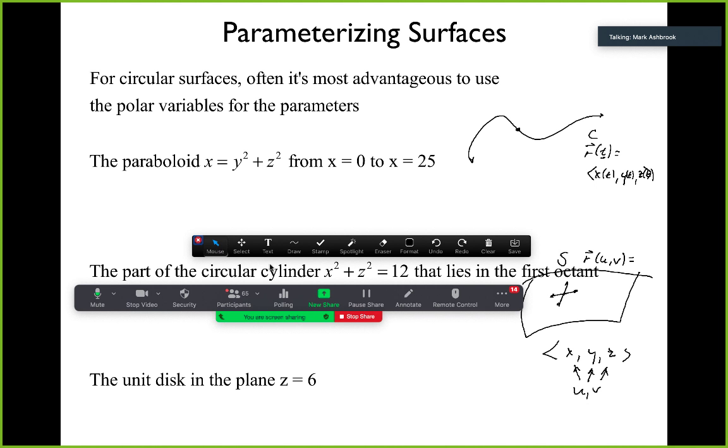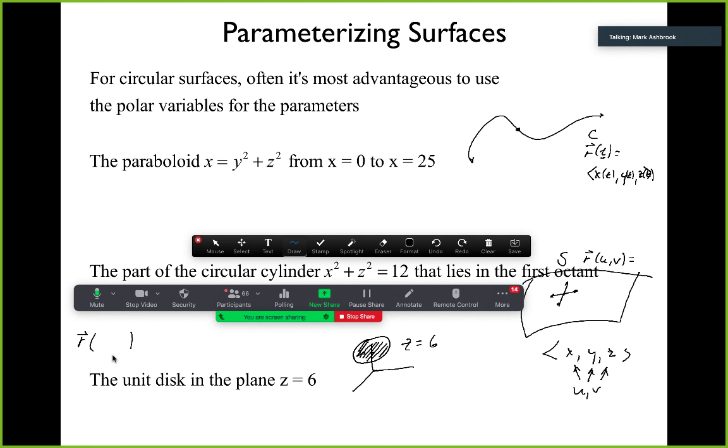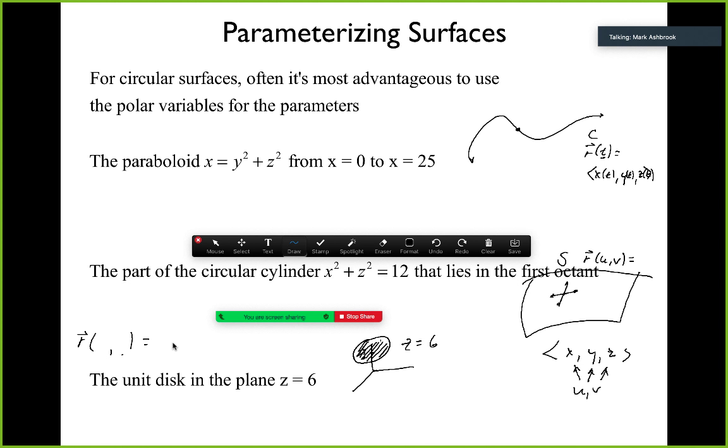The unit disk at the plane z equals 6. So we're up here at z equals 6, and we're going to do the unit disk, which is what? The filled-in circle. It's a filled-in circle at z equals 6. So we have to pick 2 variables to write every point as x, y, and z.